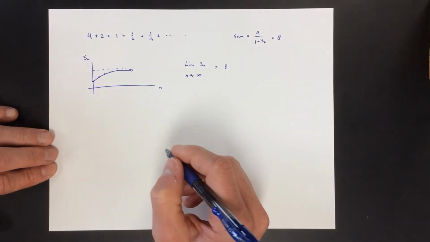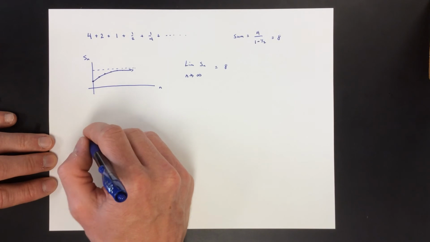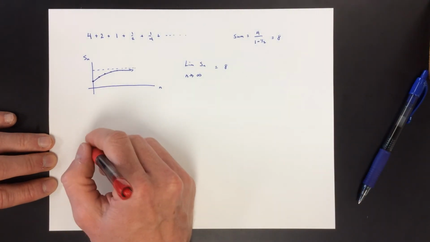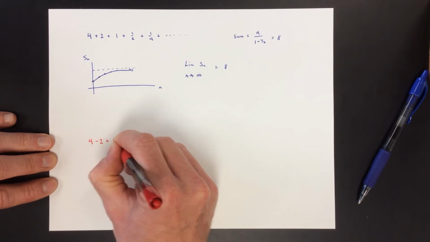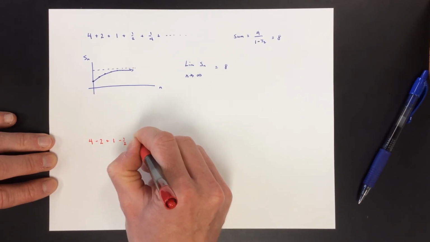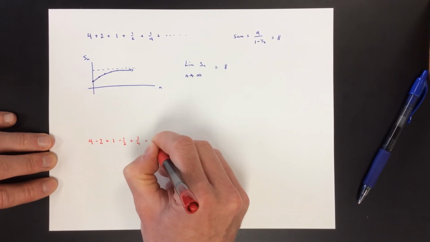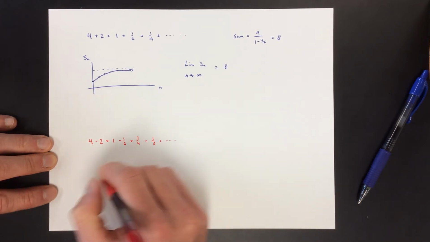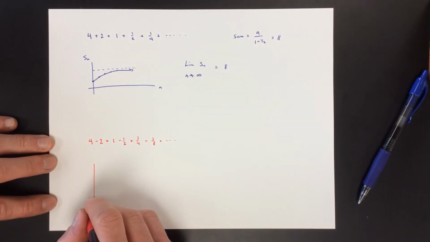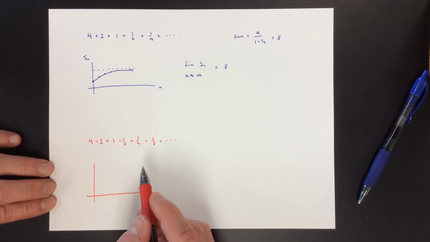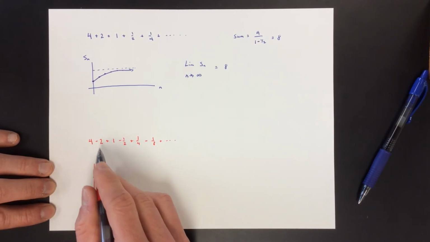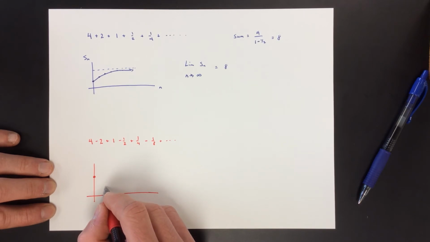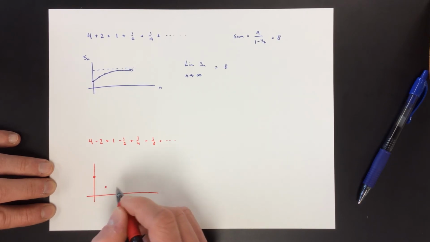Okay, let's look at the alternating version of the same thing though. 4 minus 2 plus 1 minus a half plus a fourth minus an eighth plus dot dot dot. But now it's this self-correcting system. So the first one is at 4, but then the next one is at 2, because 4 minus 2 is 2.